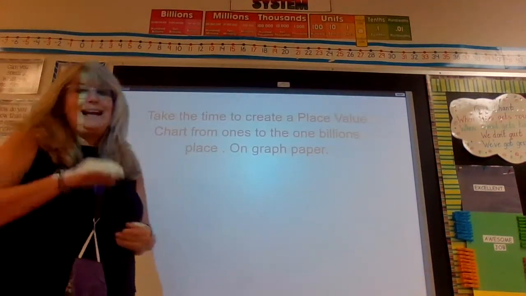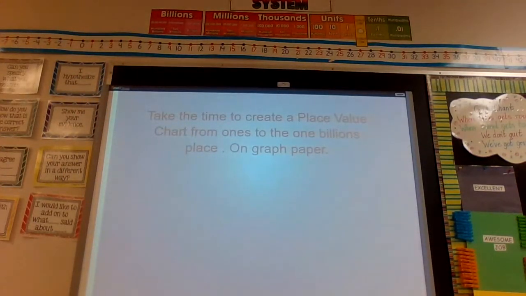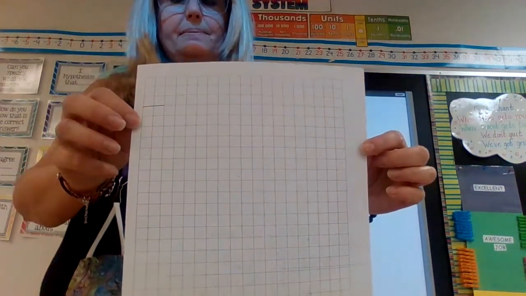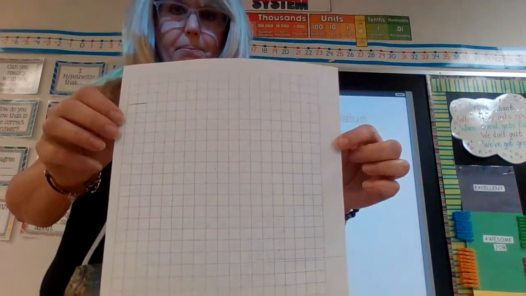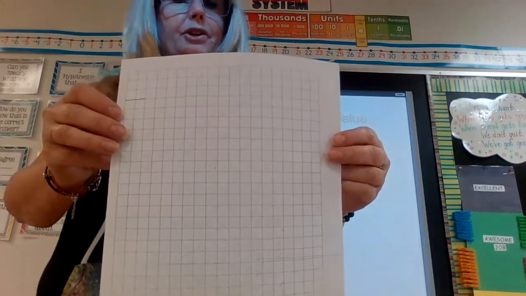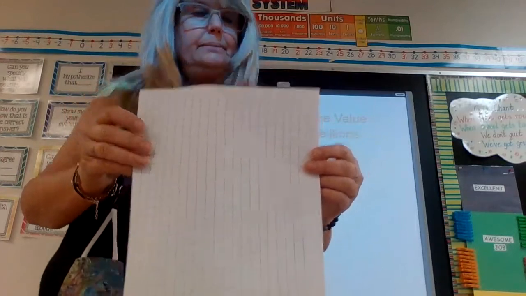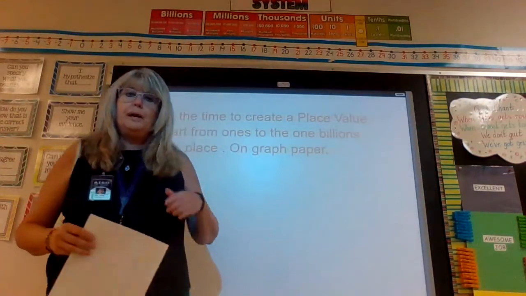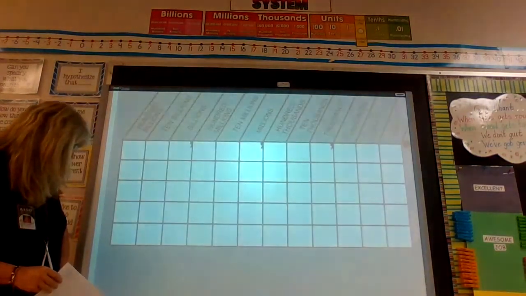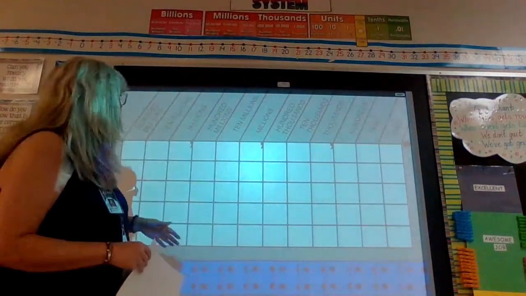Okay, at this point you are going to create your own place value chart. You will either have a grid paper that looks like this, or you can create your own grid paper, or there should be one in the slide or in the lesson for today that you can actually click and print off at your home. I want you to pause the slide. If you need to, refer back to the one that we just saw and create your own place value chart.